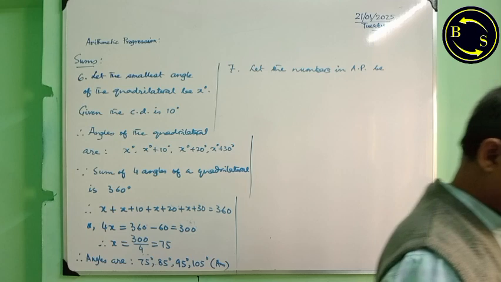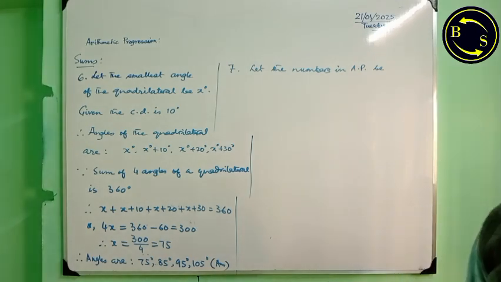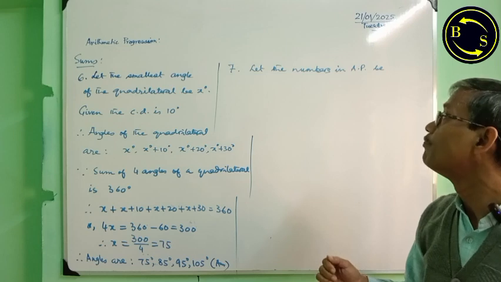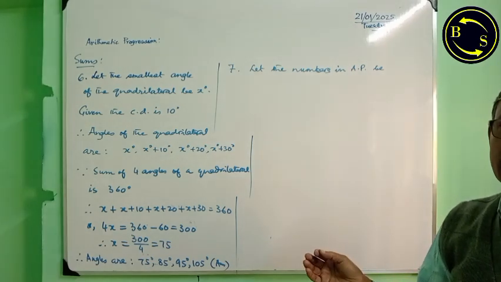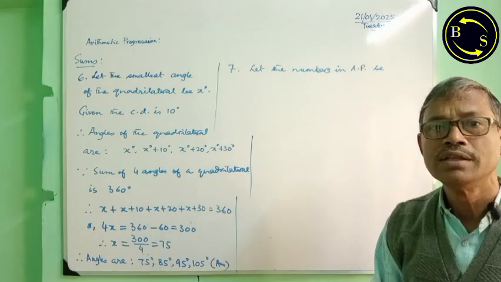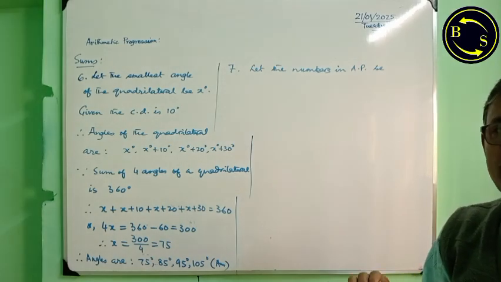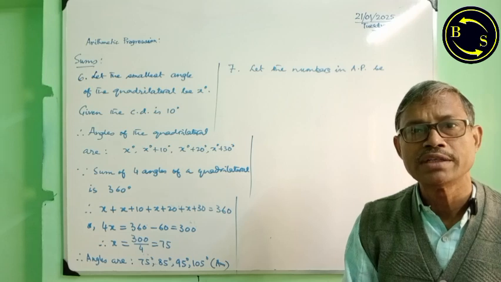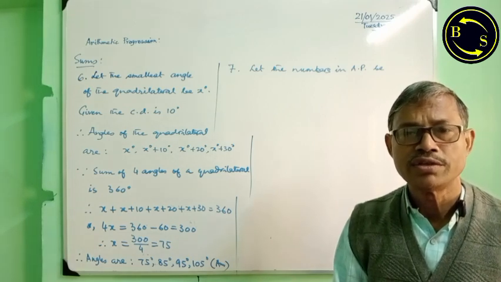since sum of 3 numbers in AP, we can take the numbers like this: a minus d, a and a plus d. Since sum is given, you learn this trick.